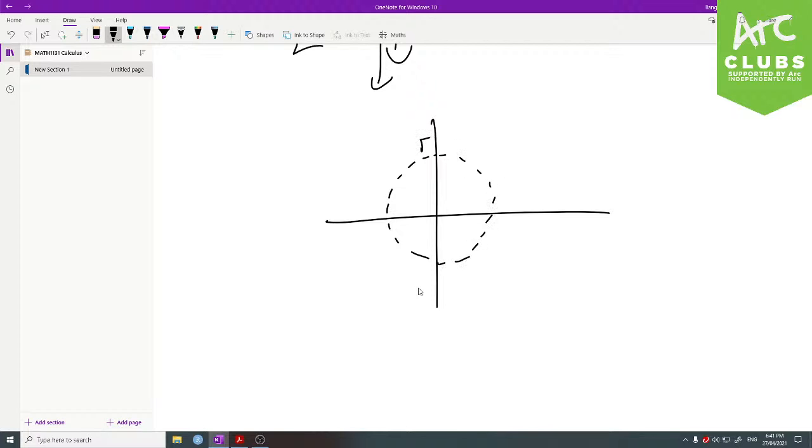A point P, for example here, will have its radius r, and an angle theta to the x-axis. So instead of x and y coordinates, we have it in terms of r and theta, where theta defines the angle and r defines the length.